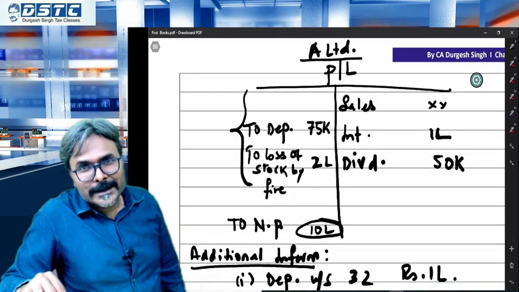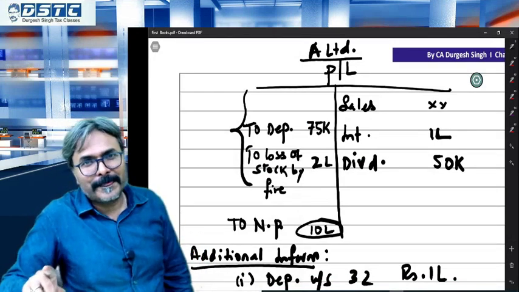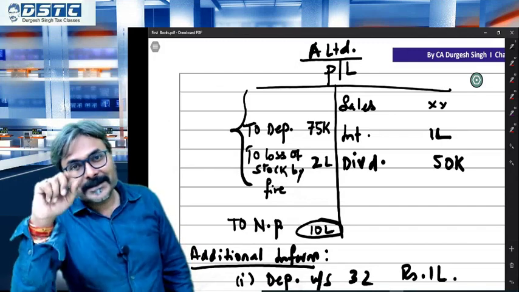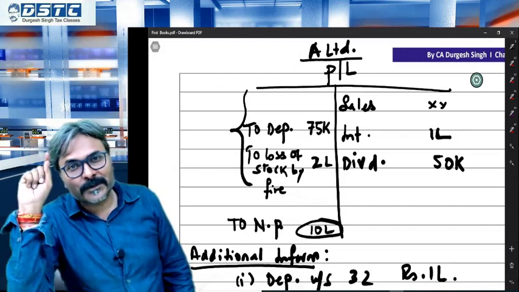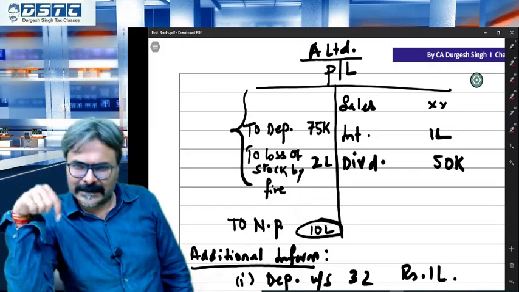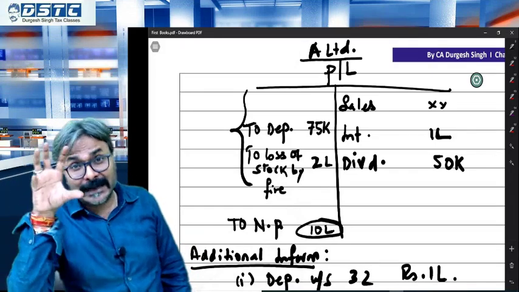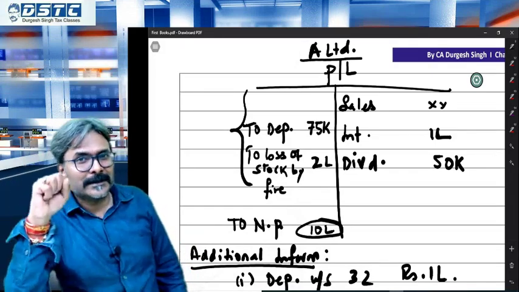The reason is, be careful, there is one section which is section 145. It is there in our notes, I'll make you read it, but let's first capture the concept.